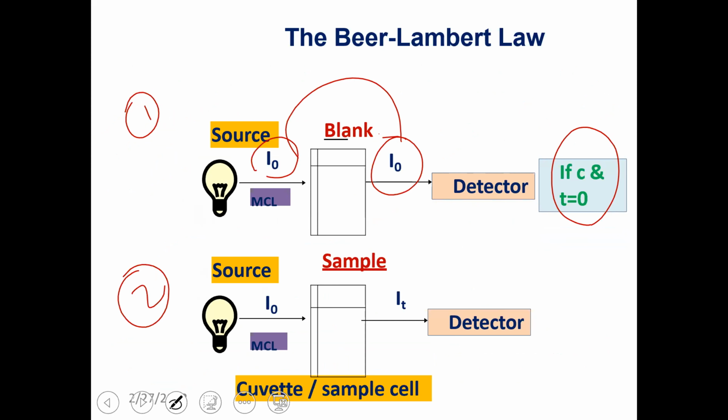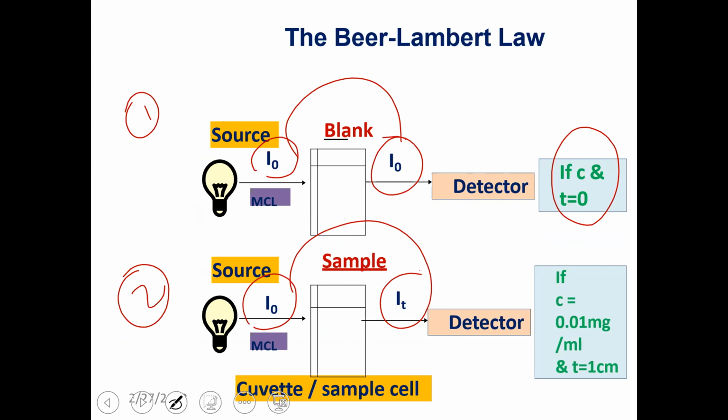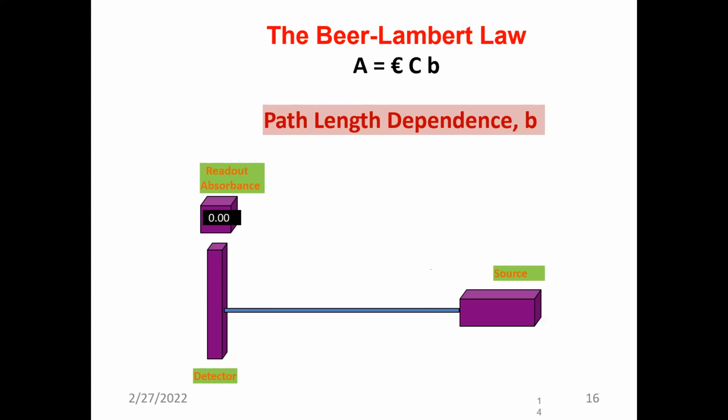But in the second scenario, the incident light is now converted to transmitted light, because we are incorporating two parameters here. One is concentration, which is 0.01 milligram per ml, just 10 micrograms per ml, and thickness is 1 centimeter path length. That's how you can see the variation in the incident light, because it is getting absorbed by the samples in the proper thickness employed with the cuvettes.